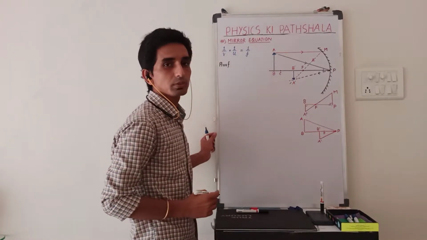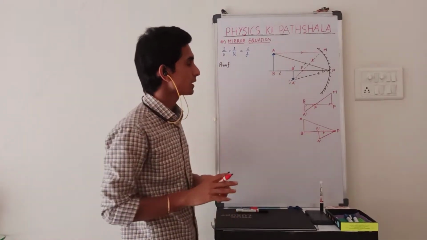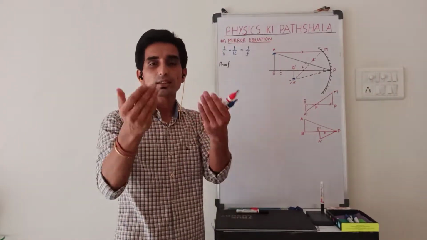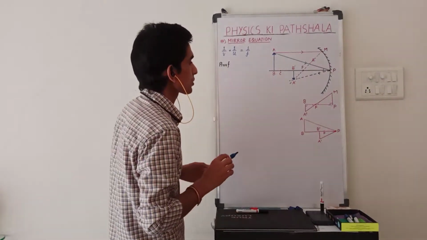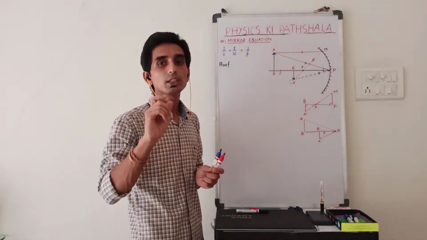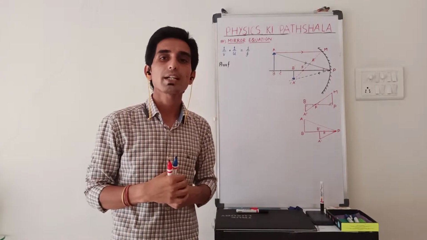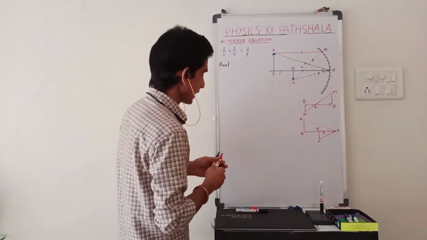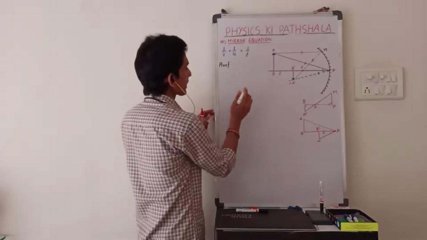These two are right angles, these two are opposite angles, so two angles are the same. So you can say that the triangles will be similar. For similar triangles, we know that the ratio of corresponding sides will be the same. So when we do the proof, we will refer to this diagram.